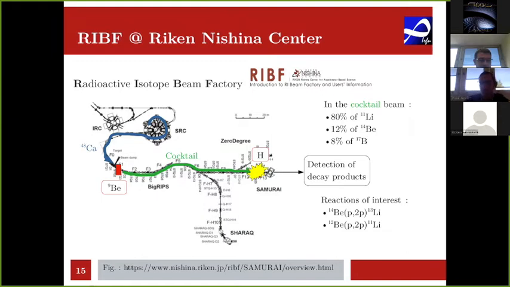The 2 reactions of interest that we are looking at are the proton knockout on beryllium-14, used to populate some states in lithium-13 and to produce the lithium-13, and the knockout on beryllium-12, which is used to obtain lithium-11.